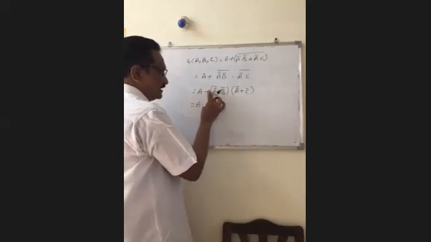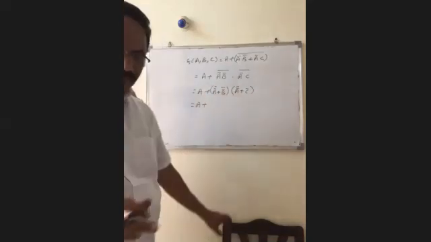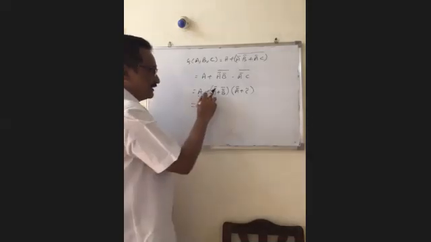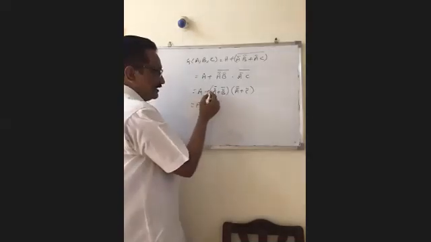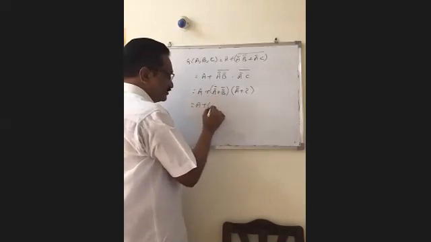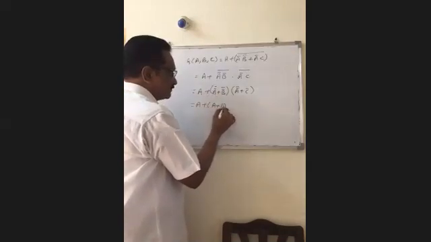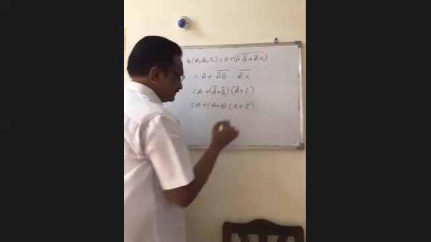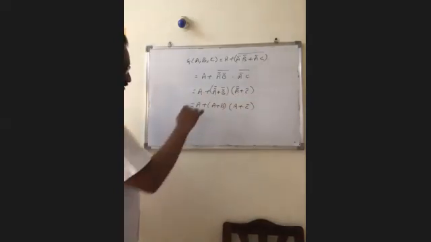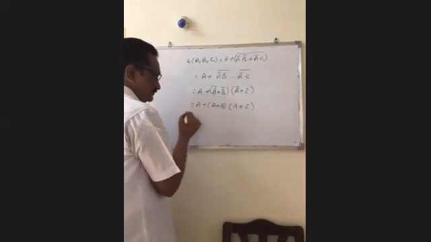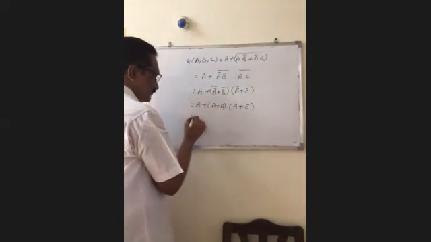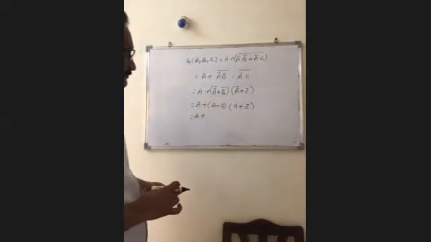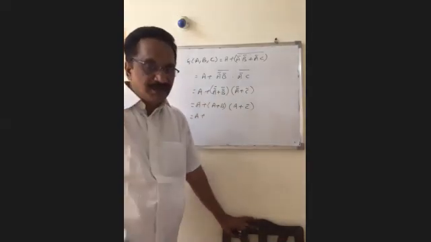A double bar is equal to A only, according to the double complement law. So A plus B, and this is A plus C bar. So once again, it can be rewritten as A plus, according to the distributive law. What is the distributive law?